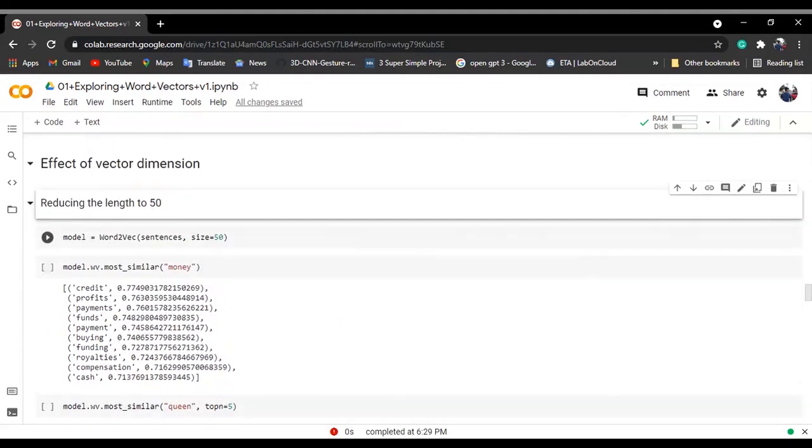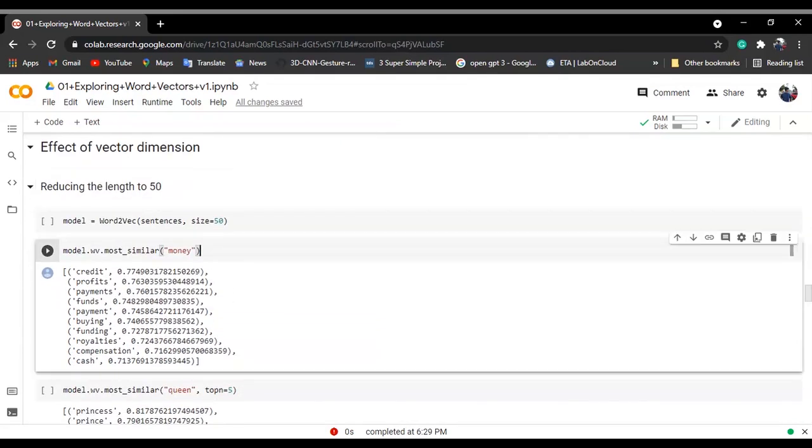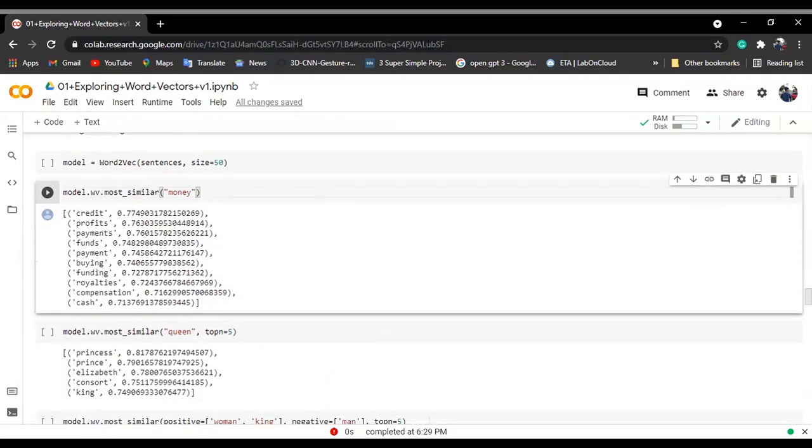If I reduce the length of the word to vector to 50, and pass the word money, and see the nearest neighboring words for money, you can see it has predicted credit, profits, payments, funds. Generally, where the word money appears, these are its neighboring words.